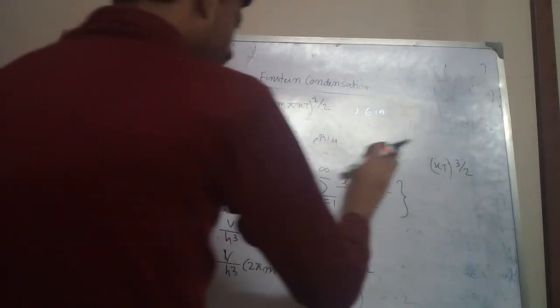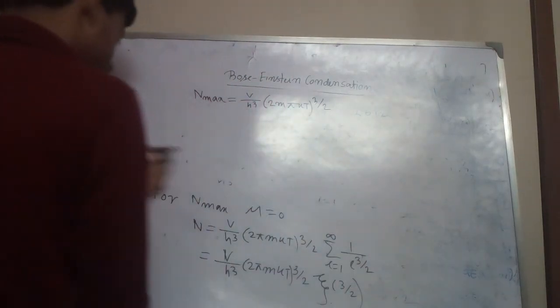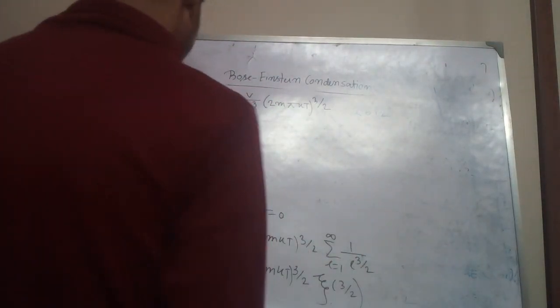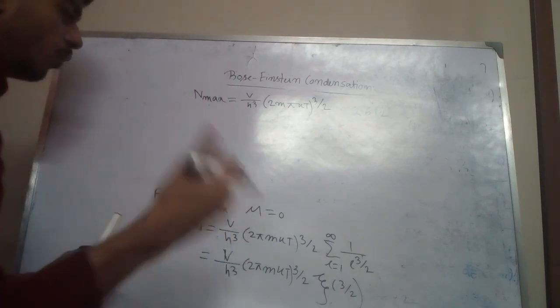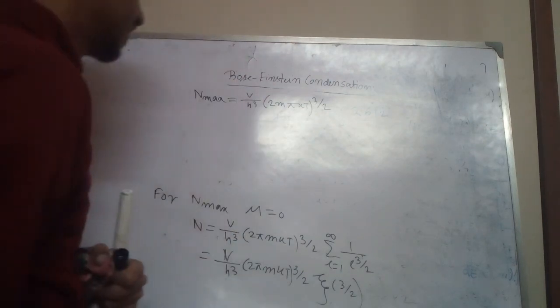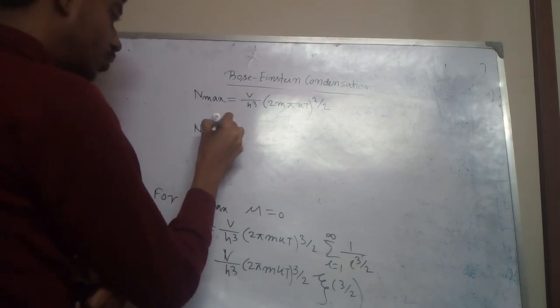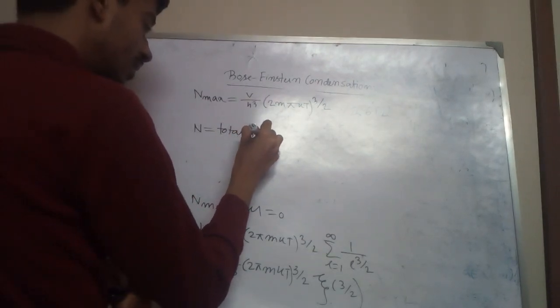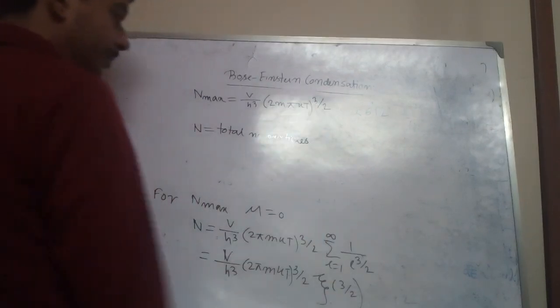If we carefully notice the above situation, when we start our derivations, we simply assume that N is the total number of particles present.